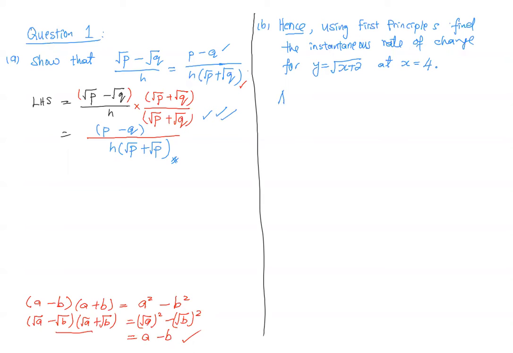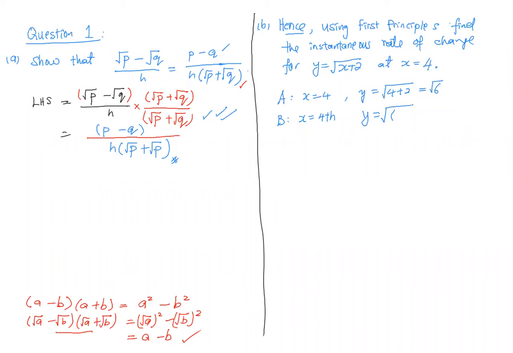We say A, x equal to 4. So you get your y. Point B, continue. x equal to 4 plus h. Then this is 4 plus 2, which is square root of 6.